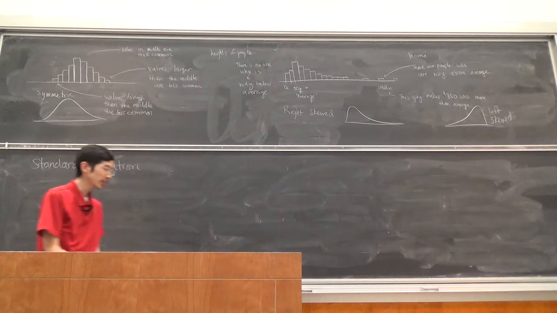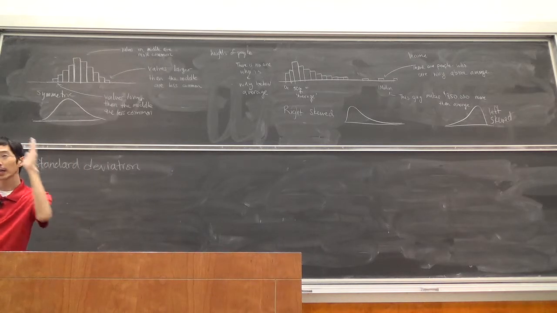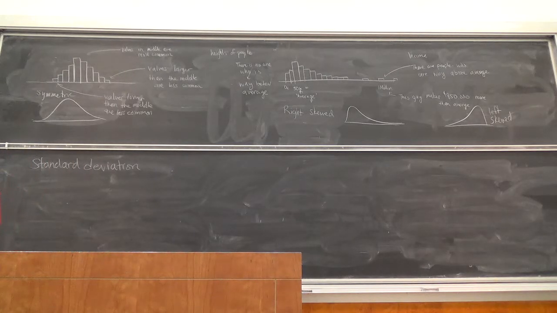So one way to think about the standard deviation is to think of the mean as a point, and then we're going to find the distance from the mean. If I say the average income in the United States is $50,000 per year, and you make $40,000 per year, what is the difference between you and the average? 10,000.